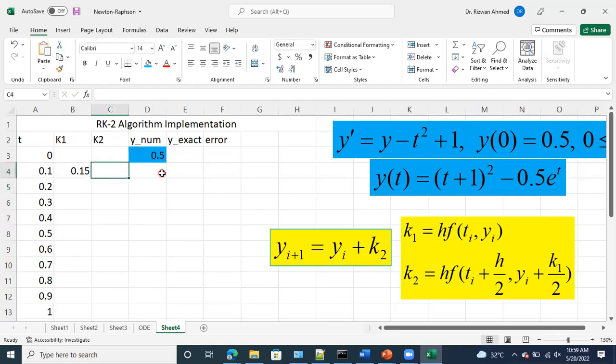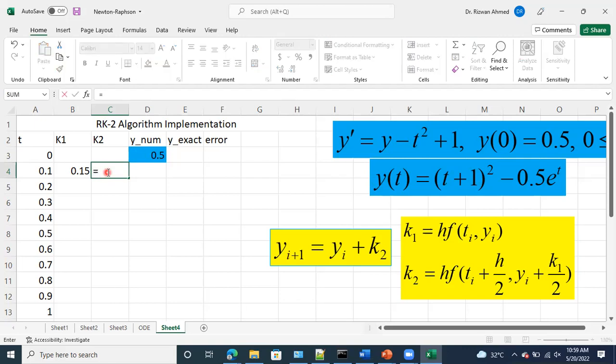Now for K2, I have to compute h times f of ti plus h by 2. So every t in the expression f of t, y will be replaced by ti plus h by 2, and every y in the expression will be replaced by yi plus k1 by 2. So this is a careful calculation.